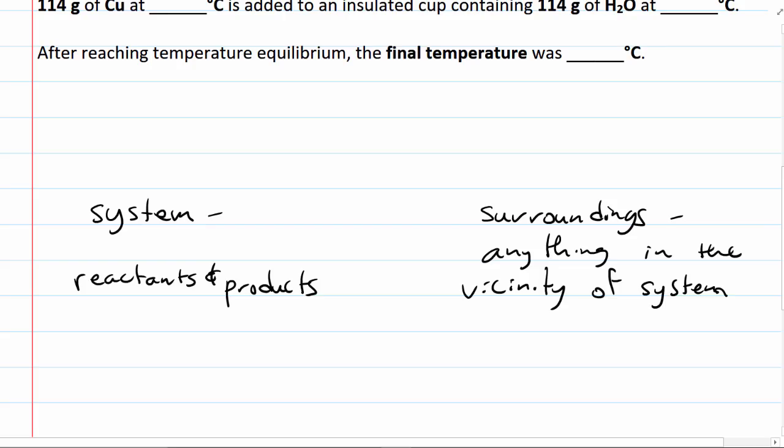And if energy leaves the system, that means it has gone into the surroundings. So if the temperature of the surroundings has increased, that must mean that the energy has done what in the system? It has decreased. So again, if the energy of the surroundings has increased, the system has decreased in energy. And likewise, if the temperature of the surroundings has gone down, that must mean that the energy of the system has increased.